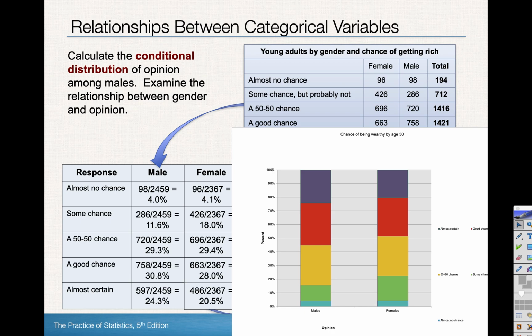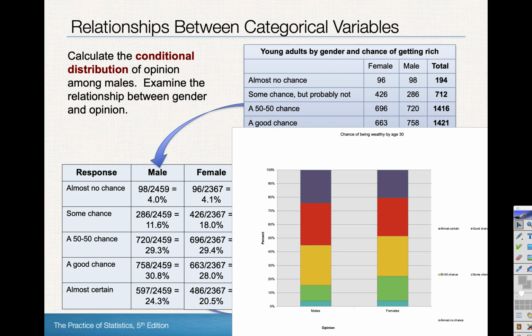Here are the males on the left, and the females are the segmented bar graph on the right. And just by looking at this, I want to try to make some sort of generalization, maybe a rough conclusion, based on what I see.